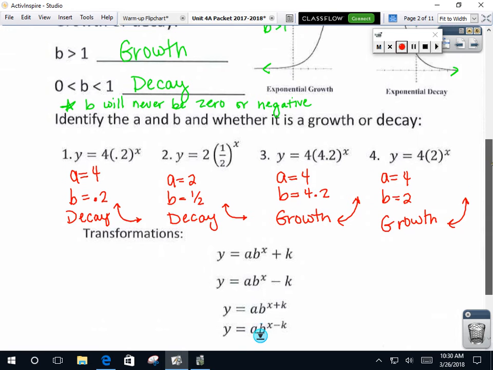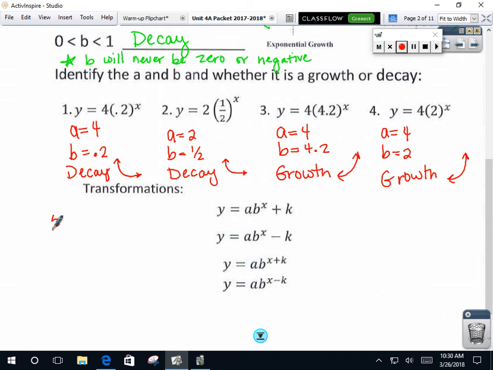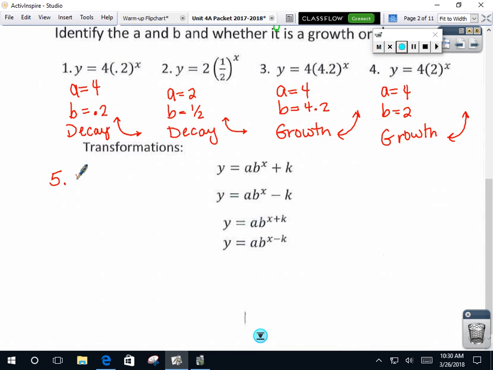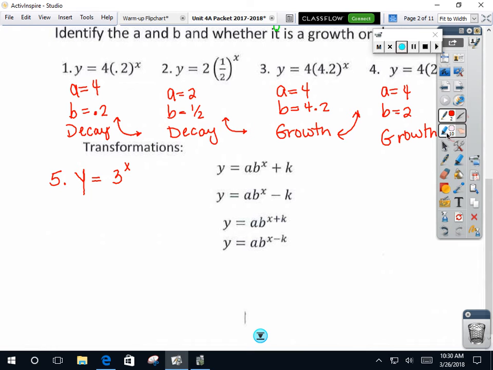Okay, now we're going to do one more example. So write number 5 right here. Or actually, we might end up doing 2 more, so just write number 5. And now write this example. Y equals 3 to the x power. Okay, so this time, what is the a value?